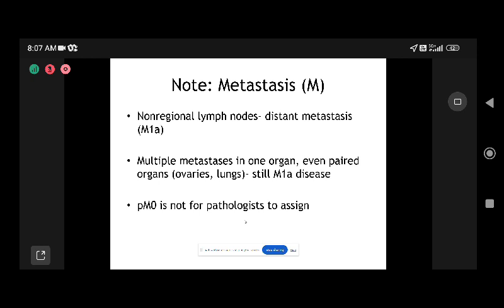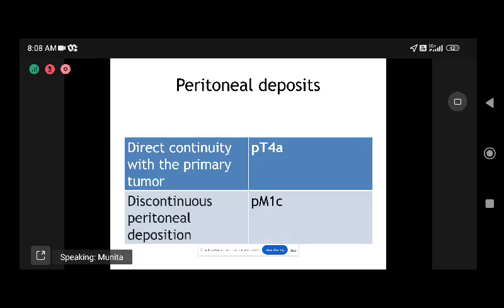If there are multiple paired organs, like ovaries and lungs, that is still called M1A disease and not counted as two organ sites. This is something that the clinician will have information on, and pathologists most of the times are not required to assign the M stage.